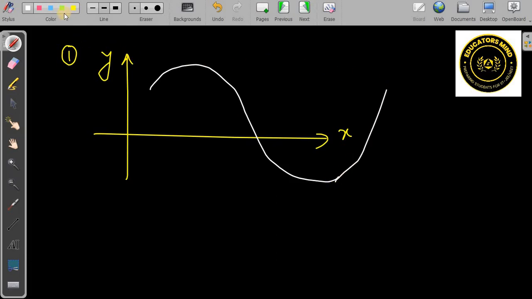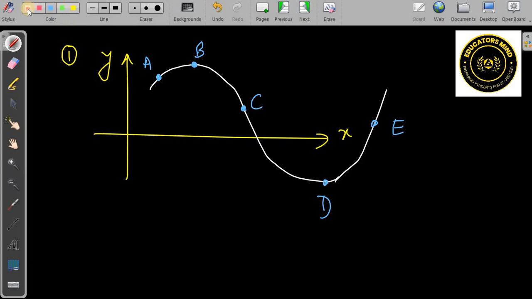It may be continuing like this. Now what is dy by dx at a few points? I am giving a few points. Let's say this is point A, this is point B, this is some point C, this is point D, this is point E. Okay, this is a curve. So I have taken 5 points.